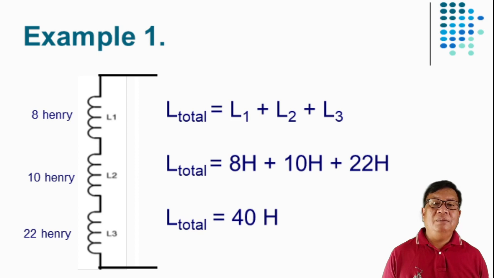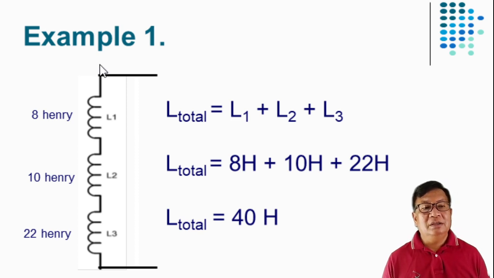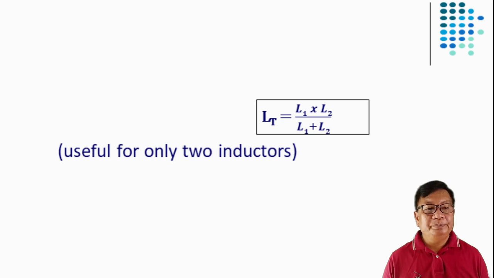Okay, so as an example, we have this circuit, no, tatlong inductors, L1, L2, and L3. Yung inductor 1 mayroong 8 henries. Ang inductor 2 mayroong 10. Ang inductor 3 we have this 22 henry. So if you're going to take the total, as we said, just sum up, then we have more or less 40 henry. So as simple as that.